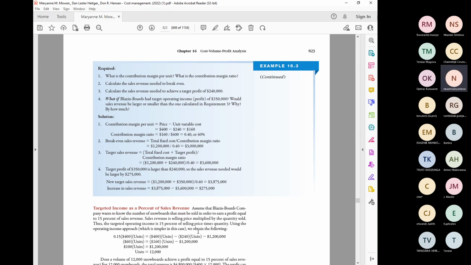Would sales revenue be larger or smaller than the one calculated in requirement 4? Why? By how much?